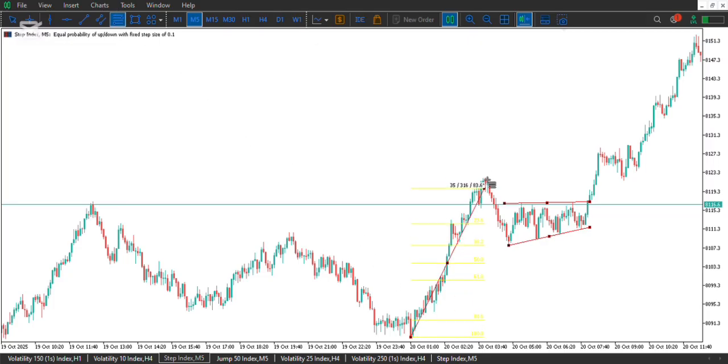Yes. So the breakout was smooth, and the returns on investment were very, very massive.